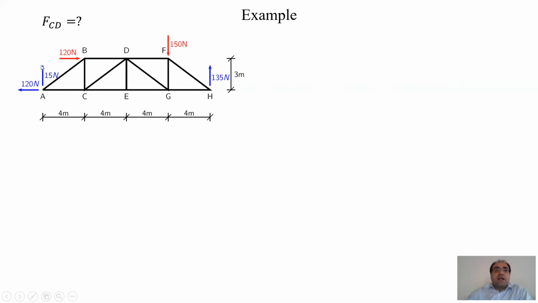Basically, here we have two forces because it was a pinned support, and here we have just a vertical force because it was a roller here. So what we want to do here, we want to use the method of sections to find the force in this member.